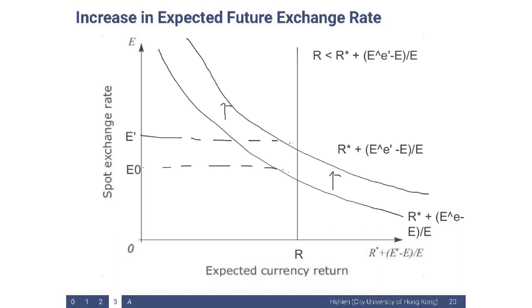We have r star plus e hat e, and we have this one, r star plus e hat e prime minus e over e. And UIP is violated in the same direction as last time, as the last one.